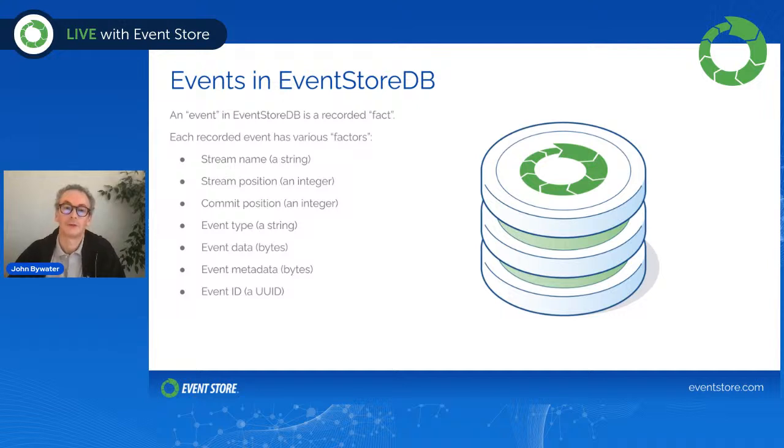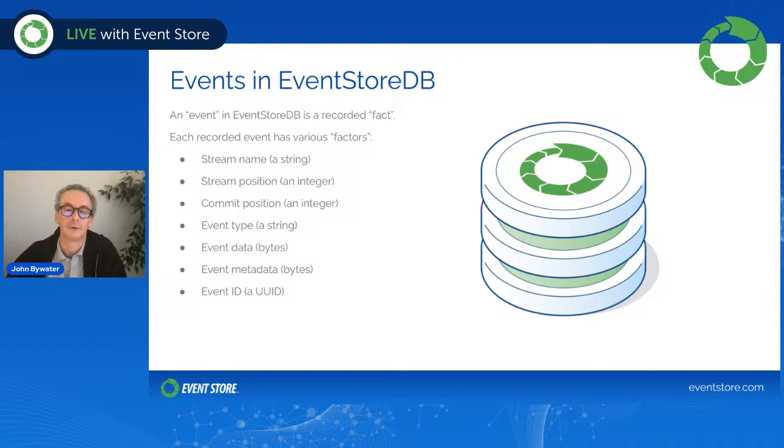So, events in EventStoreDB. An event in EventStoreDB is a recorded fact. EventStoreDB is a store of events, so we need to think about what an event is. It's a recorded fact that has various attributes. It has a stream name, a stream position, a commit position, an event type, data, metadata, and an ID.